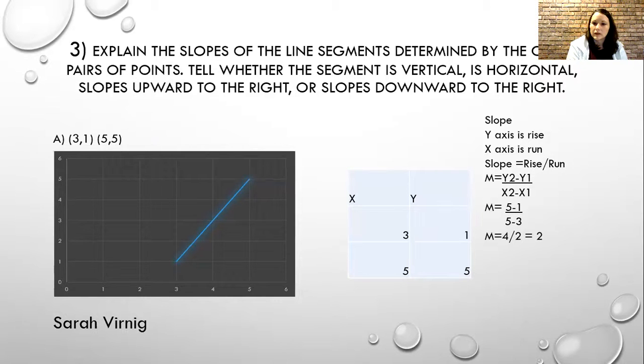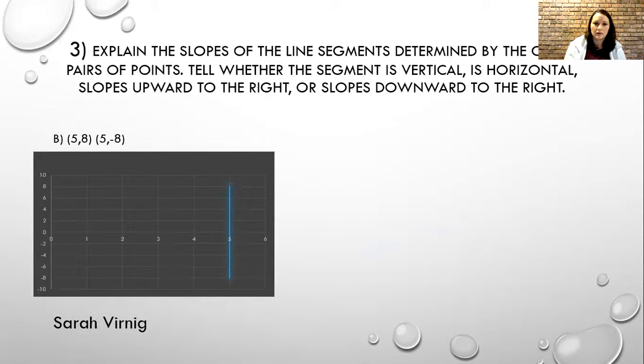Our formula is m equals y2 minus y1 divided by x2 minus x1. So m will equal 5 minus 1 over 5 minus 3. Our final step is to divide 4 by 2, which gives us 2. So we know our slope will be 2. Okay, and the same with this one. We have 2 new points.